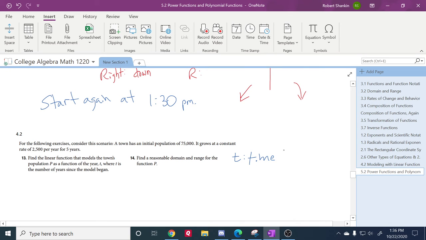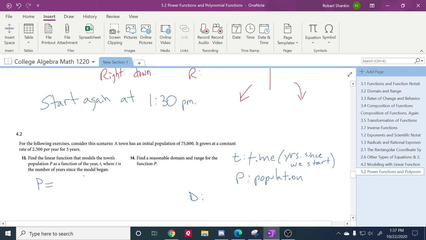For instance, if you say it's the years since we start, and then P is going to be population. It grows at a constant rate, and then you're finding the function that models the population.